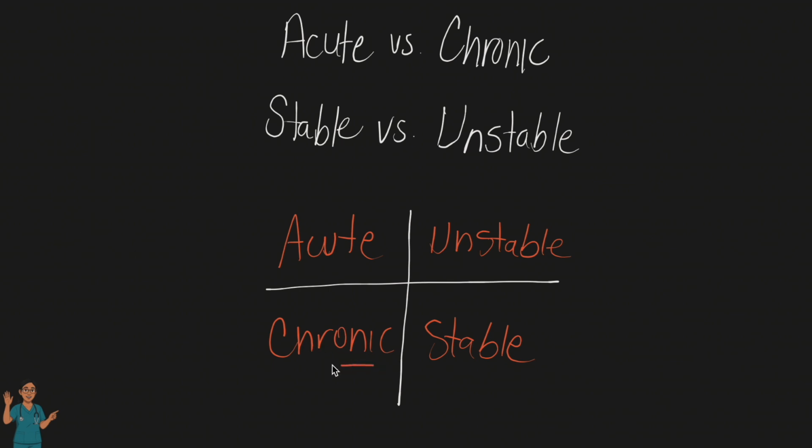Chronic illnesses are ongoing and manageable, but acute conditions like a sudden drop in blood pressure or chest pain can spiral quickly. Similarly, stable patients can wait for our attention. Unstable patients need immediate attention.